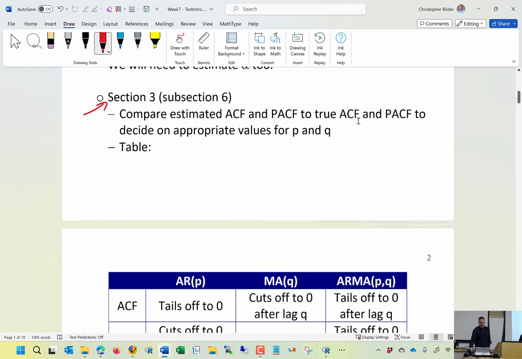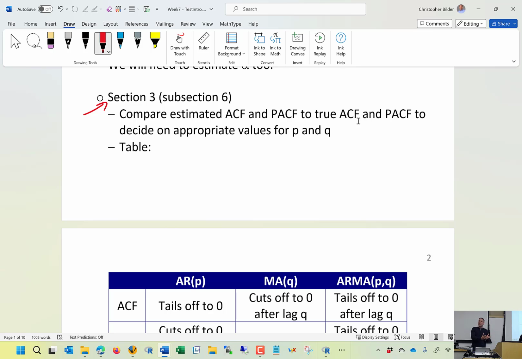Now, specifically for these subsections. Subsection 6 allowed us to put together a lot of the stuff from subsections 1 through 5. We spent a lot of time talking about the ACF, some time talking about the PACF. The reason why we do that is that what we're trying to do is match what we would expect an ACF and PACF to be for a particular ARIMA model to what was actually estimated for the ACF and PACF.